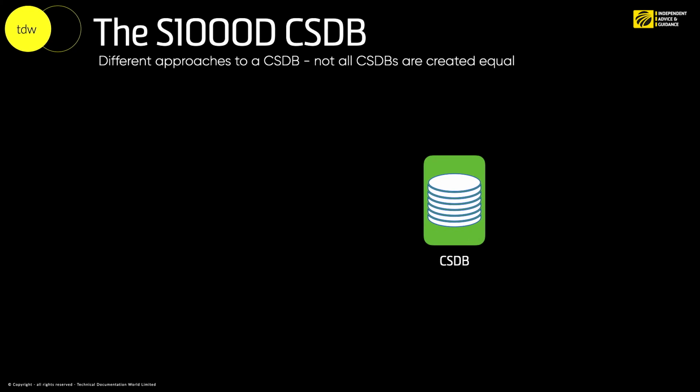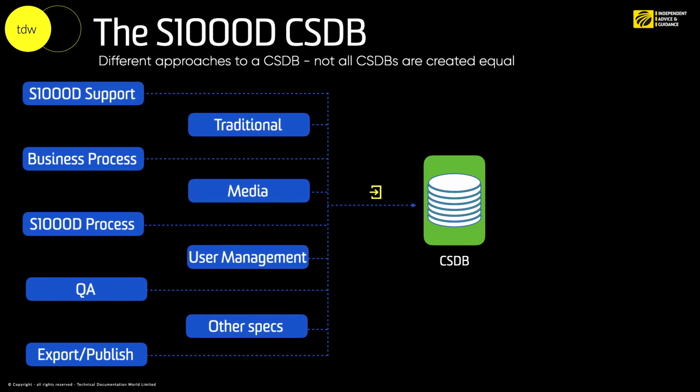We're still going to have all of this content that needs to be produced from a traditional technical publications perspective. So all of those business processes, S1000D processes, media, traditional content. Again, it depends on the kind of CSDB you go for.